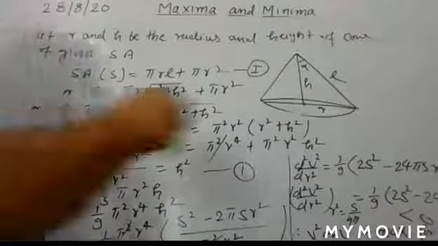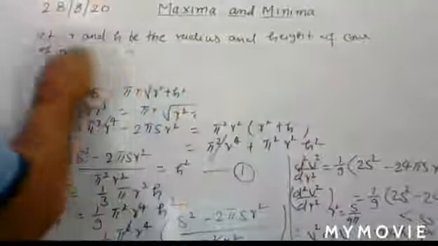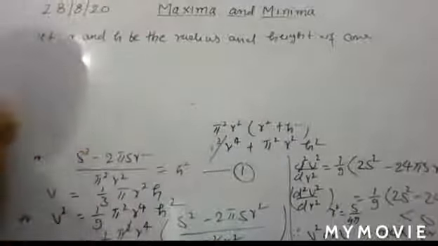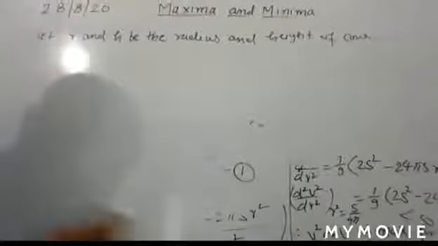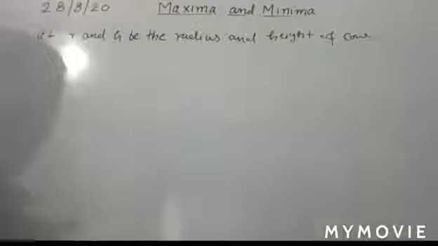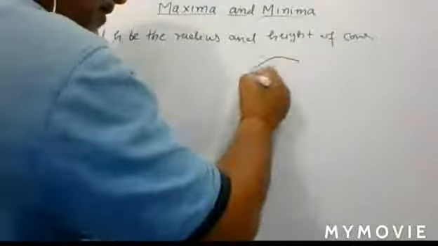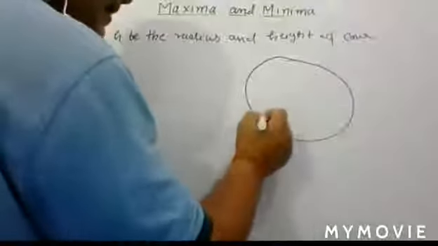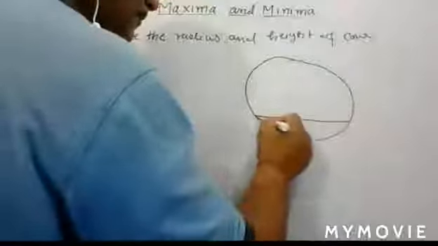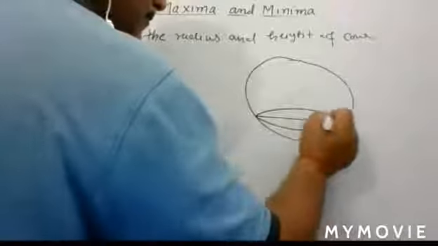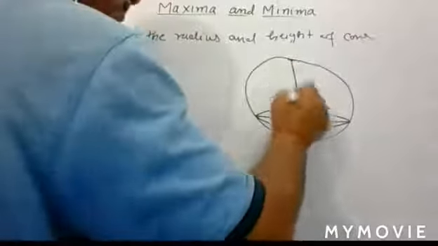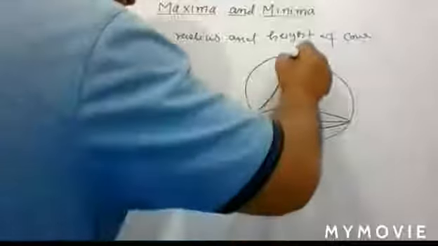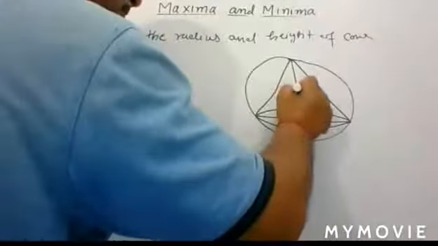Just see your figure here. Listen, you have a sphere of radius capital R, and a cone is inscribed in it.